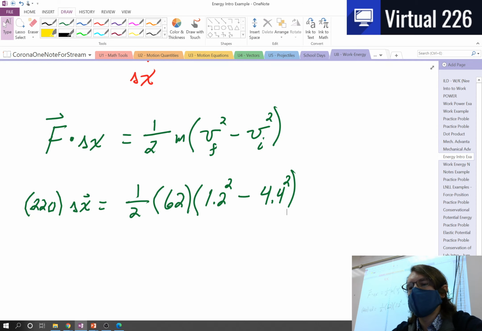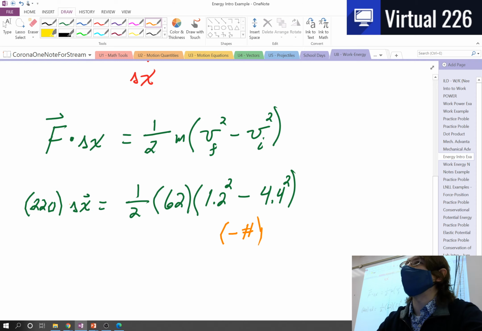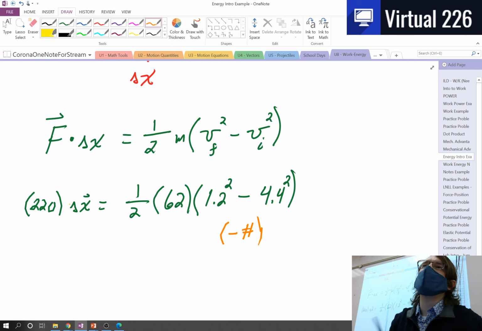Now, if we look at this real quick, we're going to see something a little strange. 1/2 is a positive number, 62 is a positive number because it's a mass, but 1.2 squared minus 4.4 squared is going to be a negative number here. Which means that whenever we eventually multiply everything together and divide by the 220, our delta x is going to be negative. Which, there's nothing wrong with thinking about that distance as being negative, but it's really not true in this case.